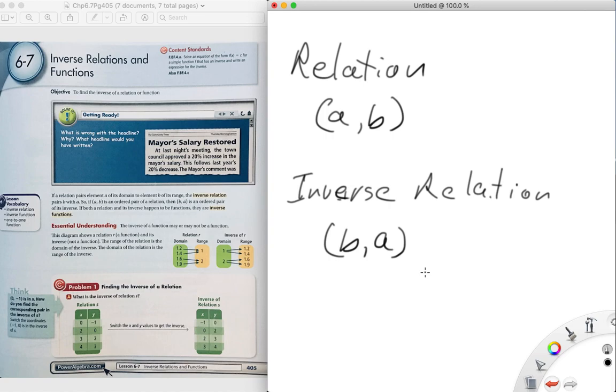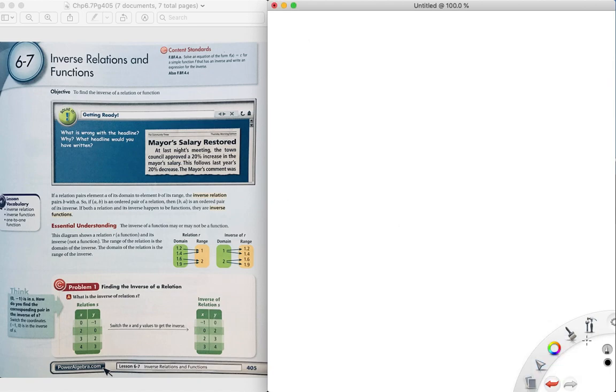So if the relation forms a function and the inverse forms a function, then we have something called an inverse function as well, where we have a set of relations such that they are opposites of each other. And we can do certain things with inverse relations.